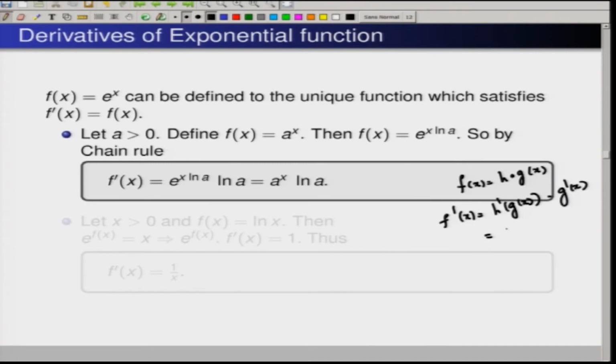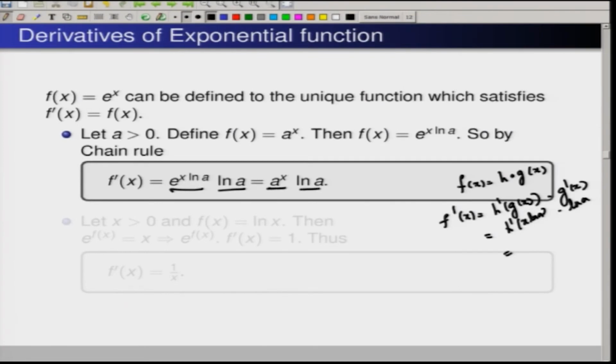Here g of x is equal to x ln a, and g prime of x is nothing but ln of a. Since h prime is e to the power x, this is e to the power x ln a into ln of a. Now, this is equal to a to the power x into ln a.